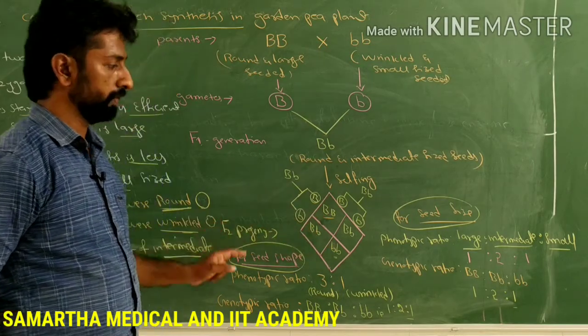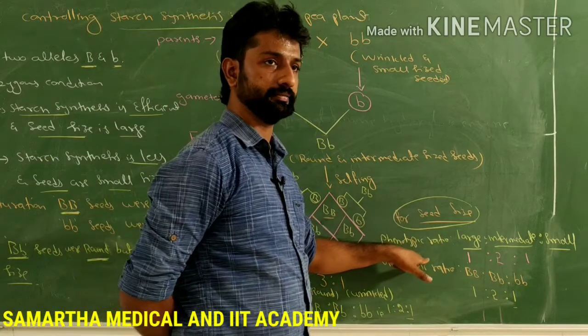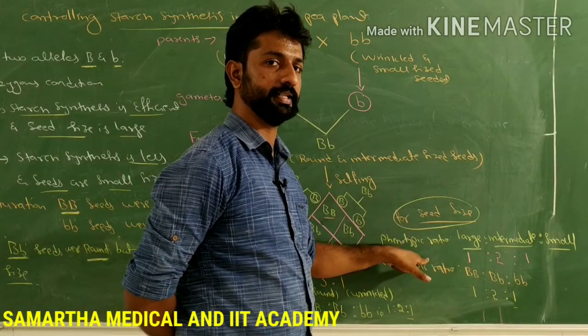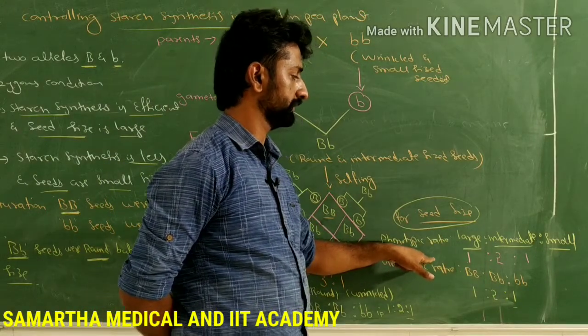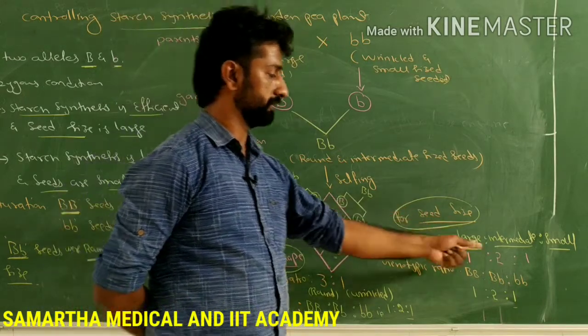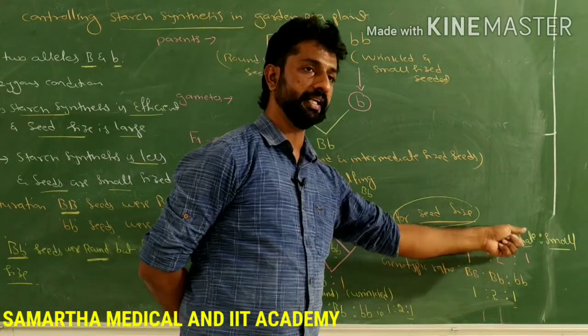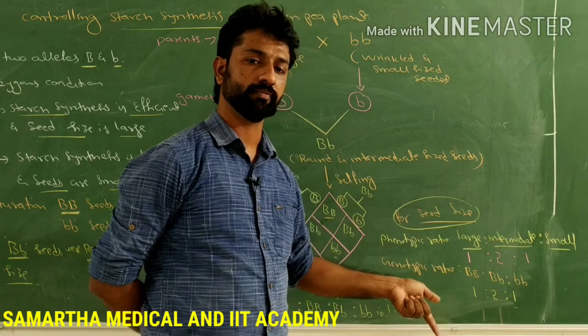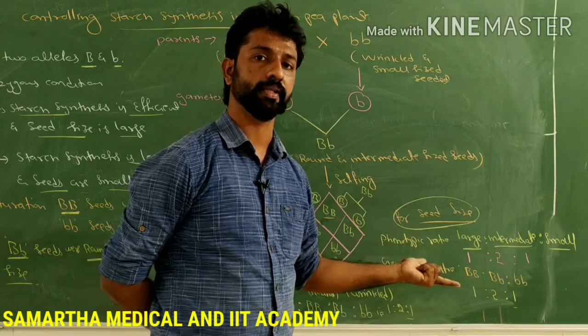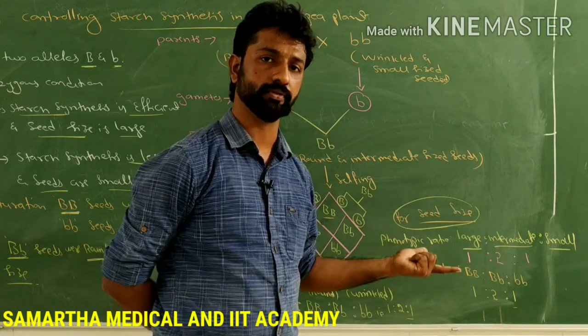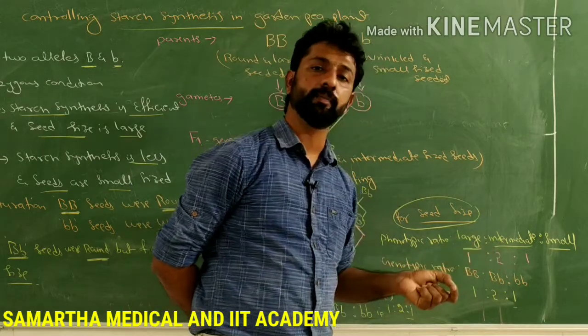When the seed size is considered, there is no dominance. For example, in the heterozygous condition, an intermediate phenotype is produced. That shows codominance. Both are getting expressed. As a result, an intermediate phenotype is produced.